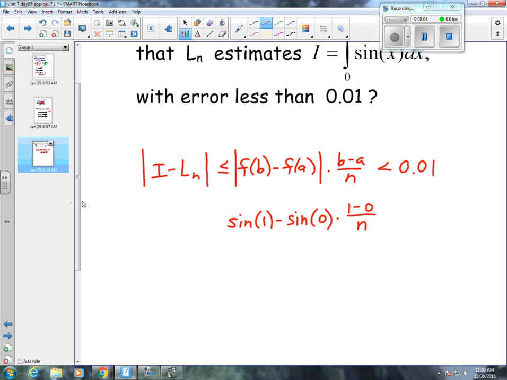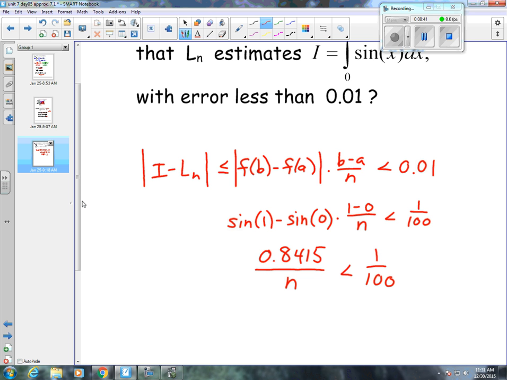I'm trying to figure out how many subintervals I need to have an error less than 0.01. And since we're going to have some fractions, let's go ahead and write that as 1 over 100. Now, if I do sine of 1 minus sine of 0, I'm going to get 0.8415 times 1 divided by n, less than 1 over 100.